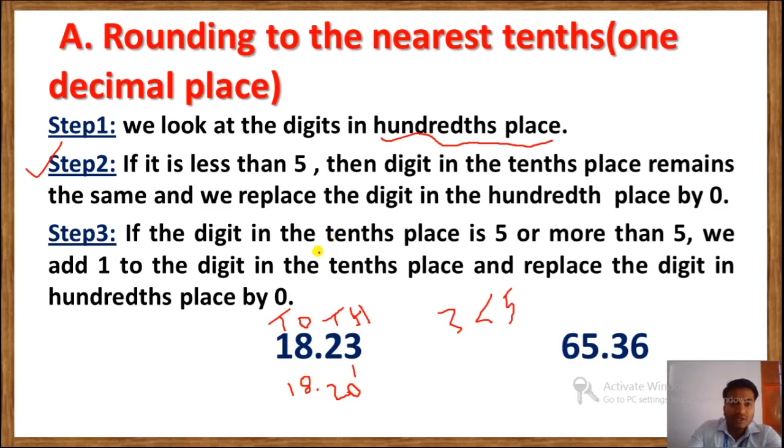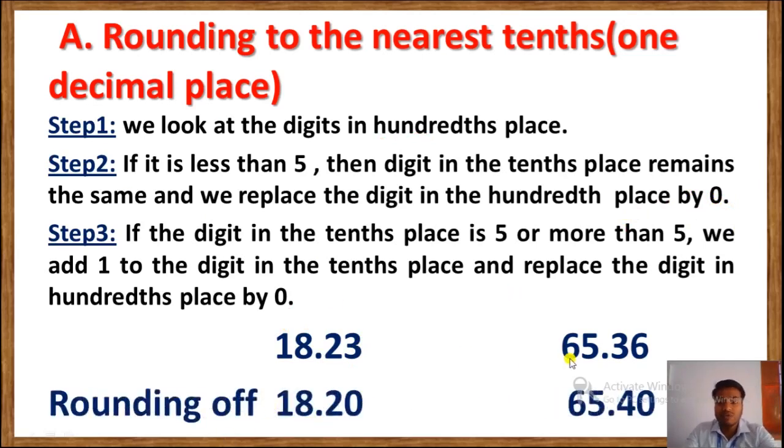Understood? So the digit in the 10th place, that means 2, remains the same, and we replace the digit in the 100th place, the 3, by 0. Understood? So this will be the answer.